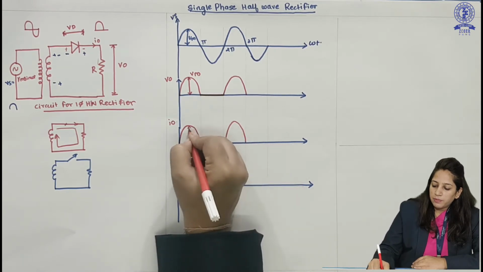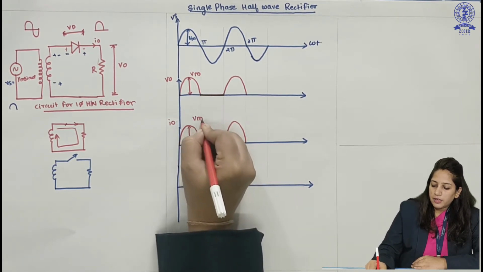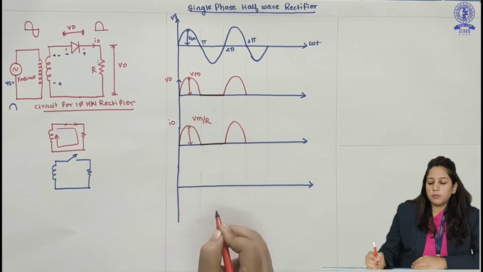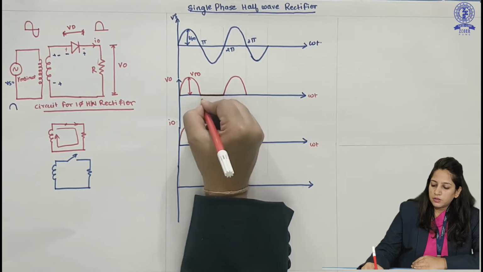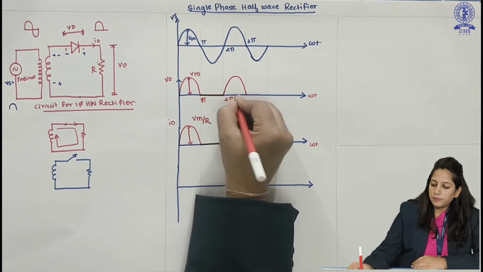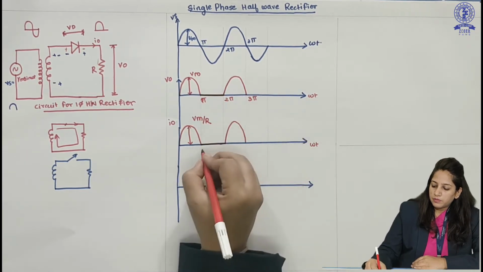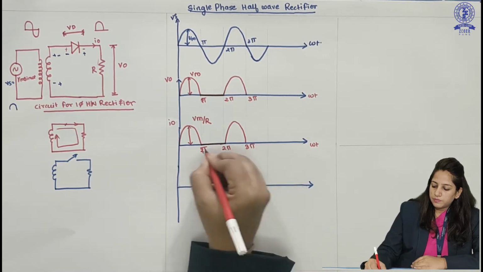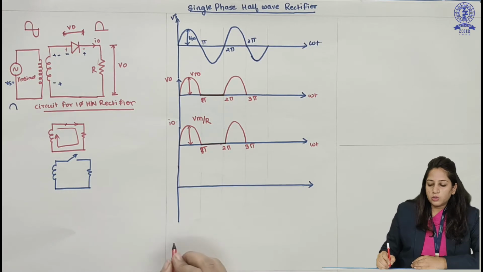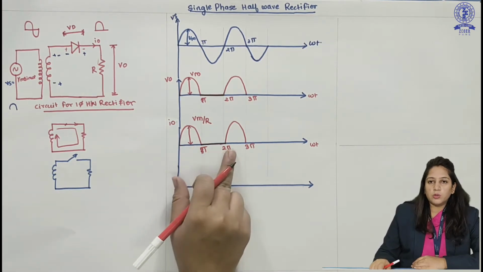This will be Vm by R, this is omega t, this is pi, 2 pi, 3 pi. So we have seen the output current also.